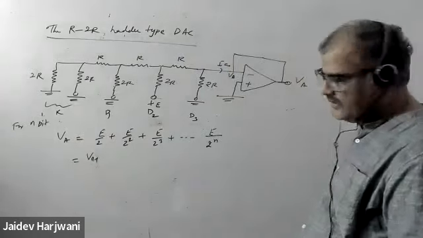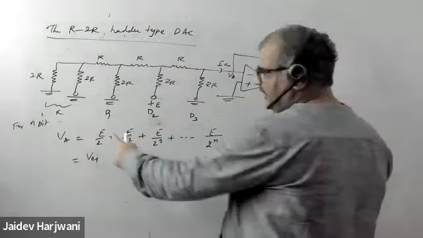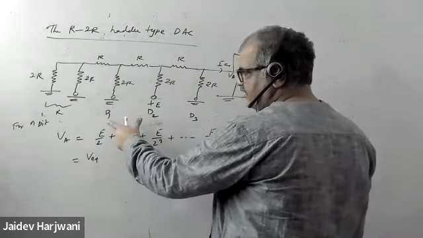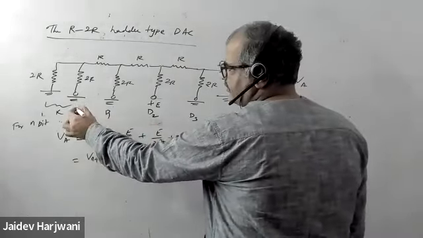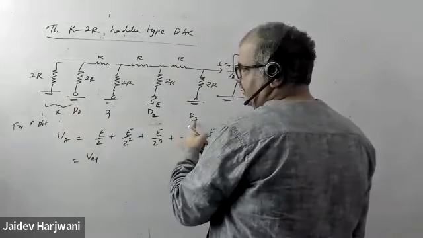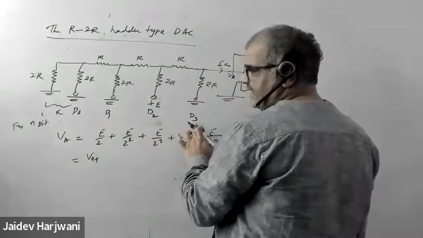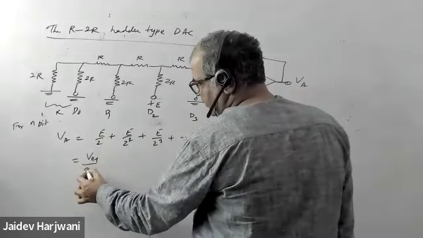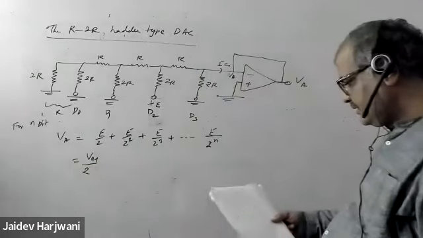I'm not generalizing, I'm saying instead of E at MSB I am applying Vn minus 1. So this is D0 to D3, a 4-bit, so this is n minus 1, 3. I am applying it here, so I can divide by 2 and write it like this.